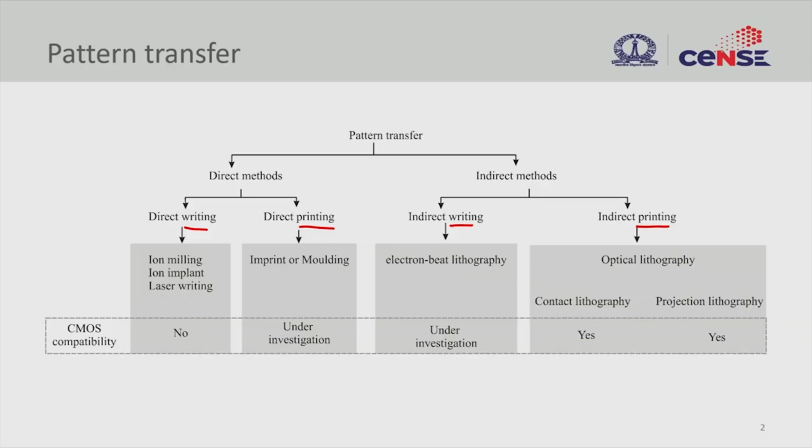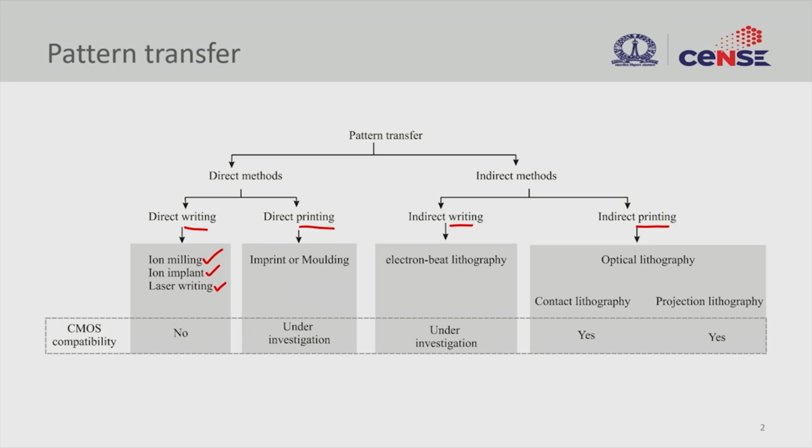Similarly, in pattern transfer, we are going to write the pattern bit by bit. If you have n structures, you write them one by one, and for that we can use ion milling, ion implantation, or laser writing. All these processes are serial.